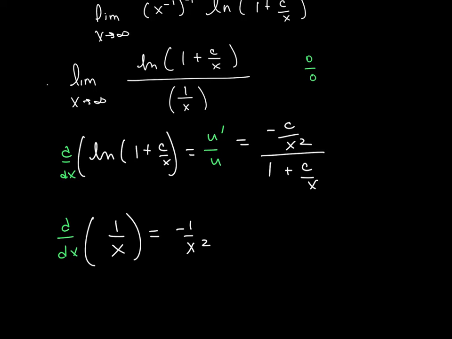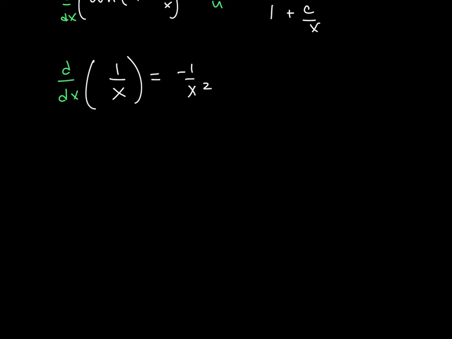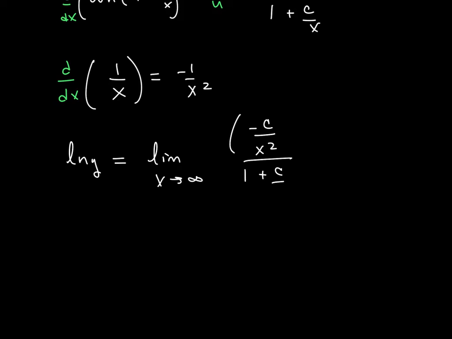All right, let's go ahead and put this all together. At this point, I do want to take a second and remember at the very beginning what we said this was equal to. This was equal to the natural log of y. So the natural log of y is equal to the limit as x approaches infinity of negative c over x squared all over 1 plus c over x, and that all gets divided by negative 1 over x squared.